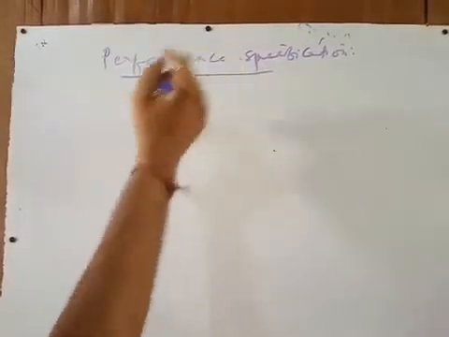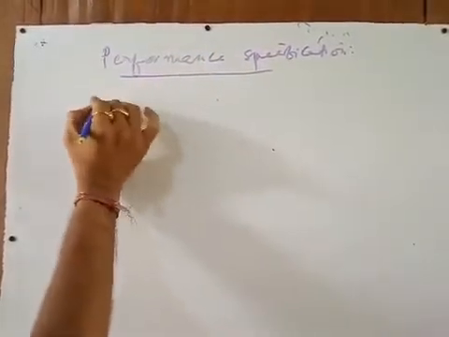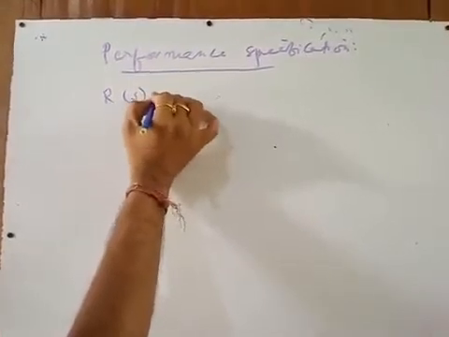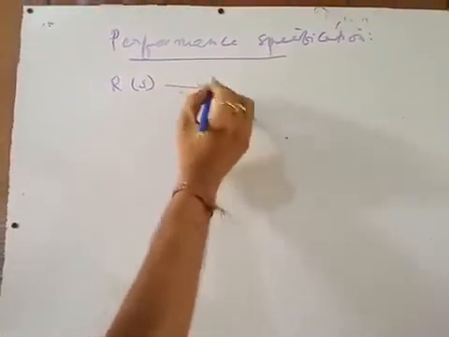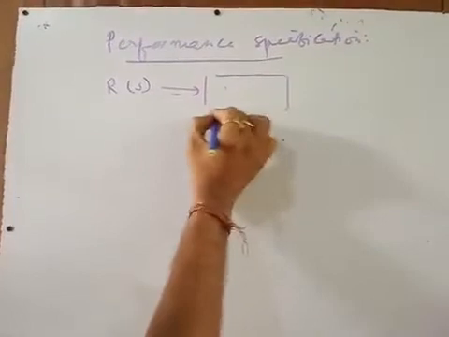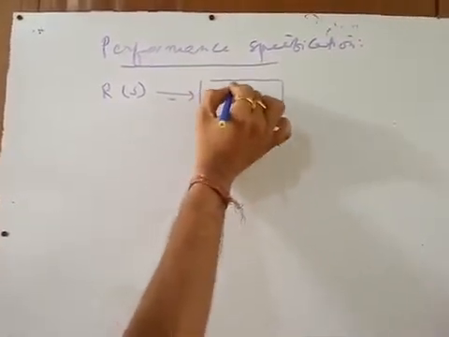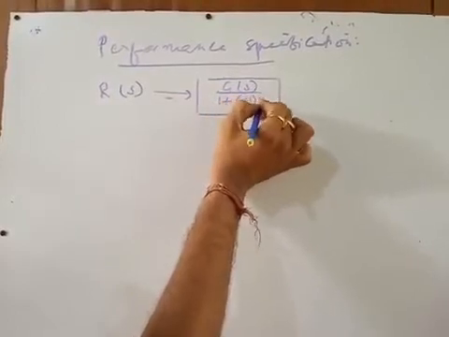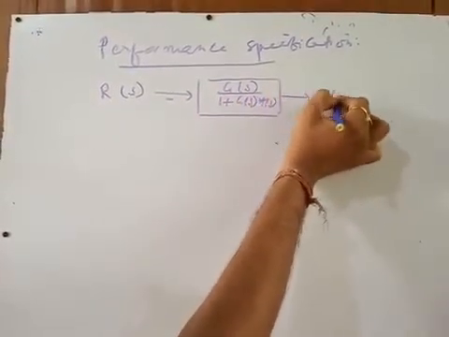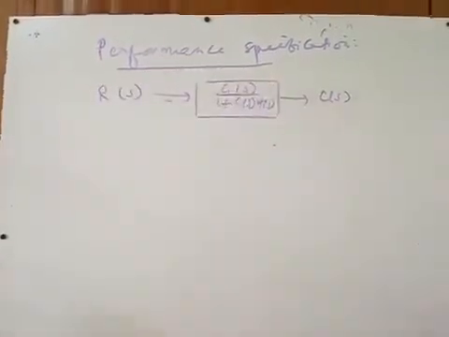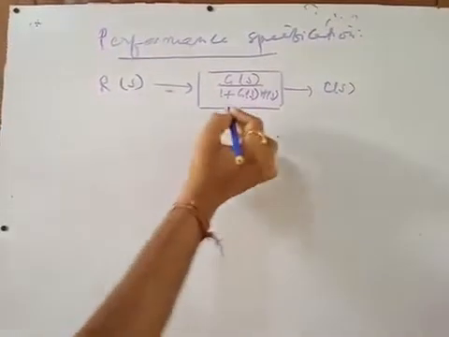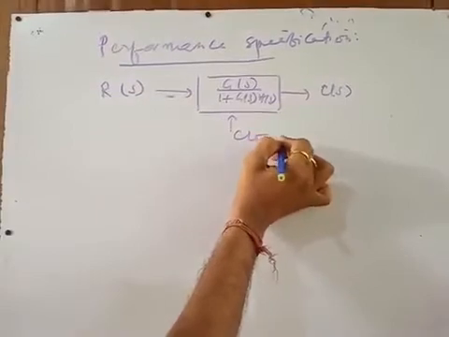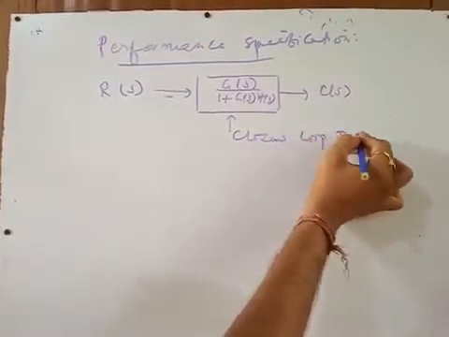In order to have this, I have to write this transfer function as a whole. This is your G(s) by 1 plus G(s)H(s), which is C(s). You know what this G(s) by 1 plus G(s)H(s) is from the first chapter, that is, this is your closed loop transfer function.